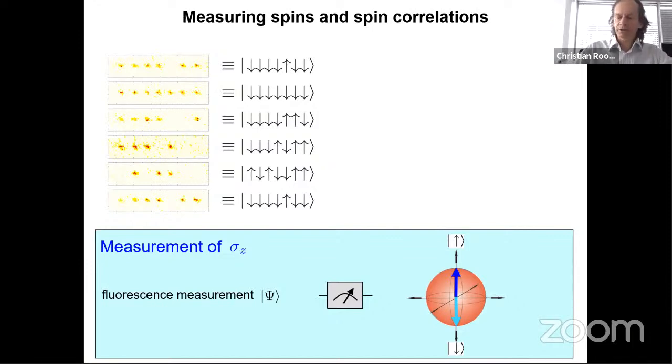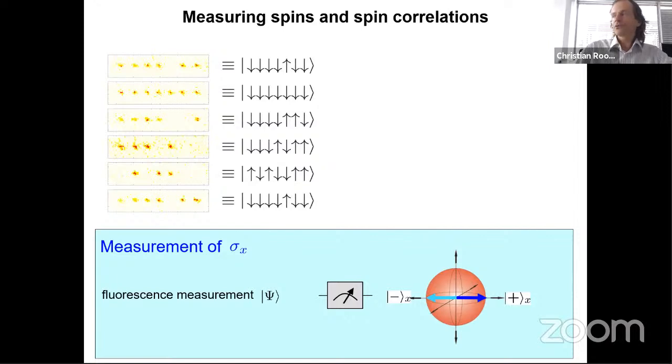But of course, we might be interested also in measuring in a different basis. So in this picture that you can see here, maybe we would like to project onto coherent superpositions of these two basis states, spin down plus spin up or spin down minus spin up. That is, we would like to project onto the eigenstates of the sigma X Pauli matrix.